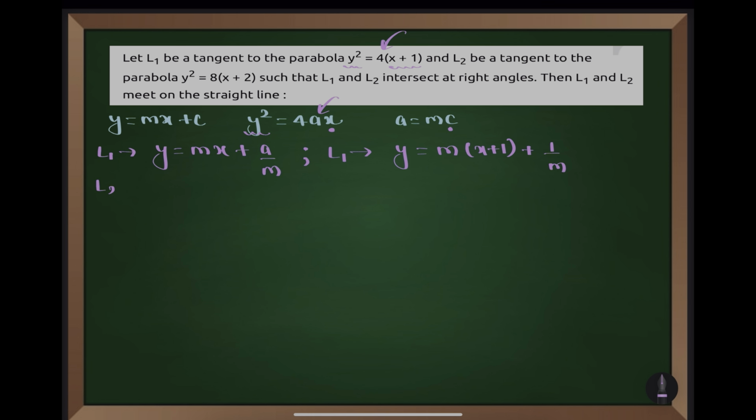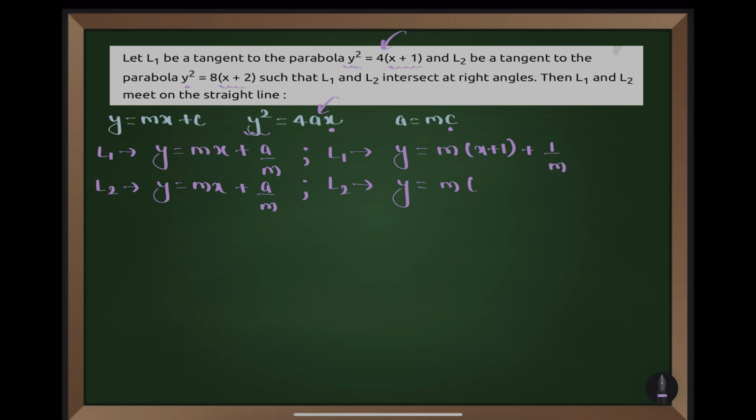Now I'll go with L2. Who is L2? Same game because the parabola is standard. y equals mx plus c, where a equals mc. So c will be equal to a by m. Now I'll update this equation. You know that you don't have problem with y. y is y. m is m.